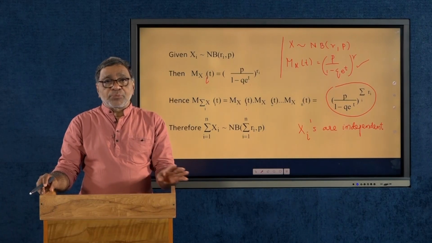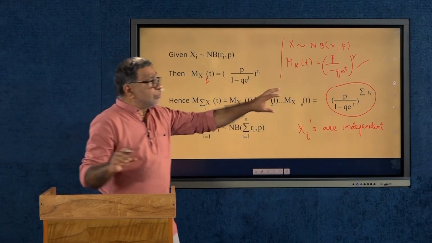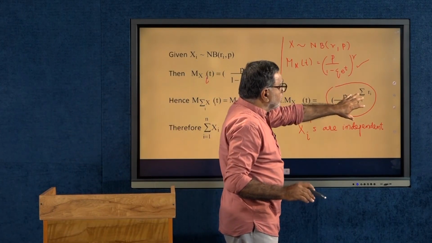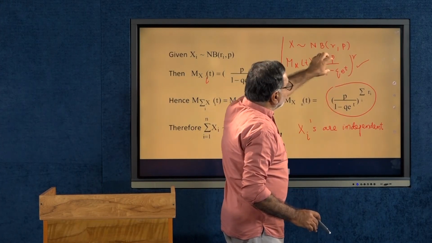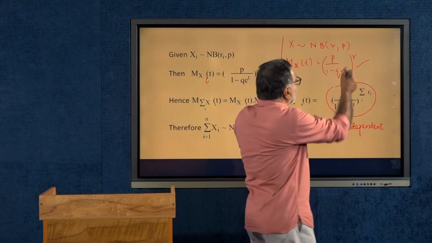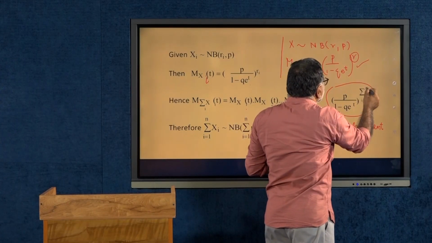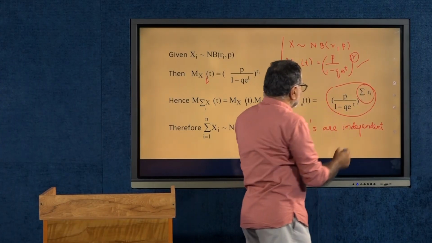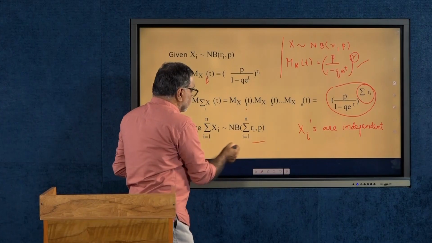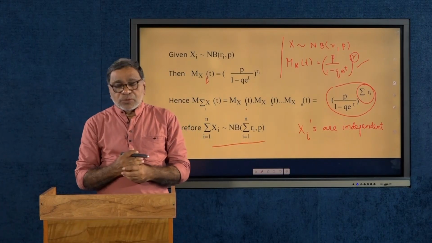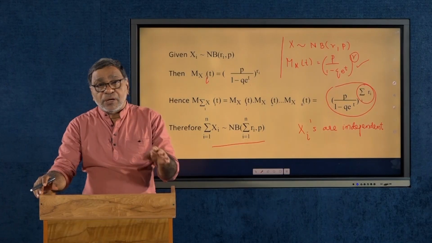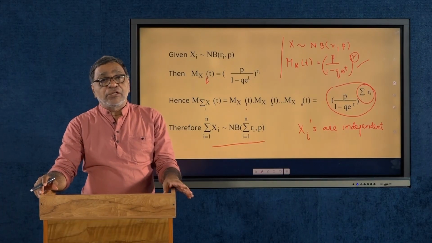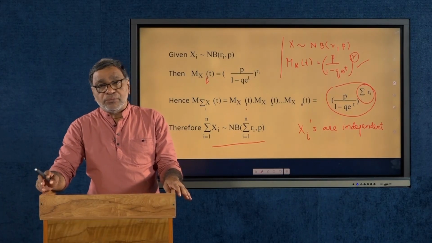So, from this expression we can identify that the sum of xi's follows a negative binomial distribution with parameter, instead of r, the sum of ri's. So this is the result. After deriving the moment generating function, we have established the additive property of the negative binomial.